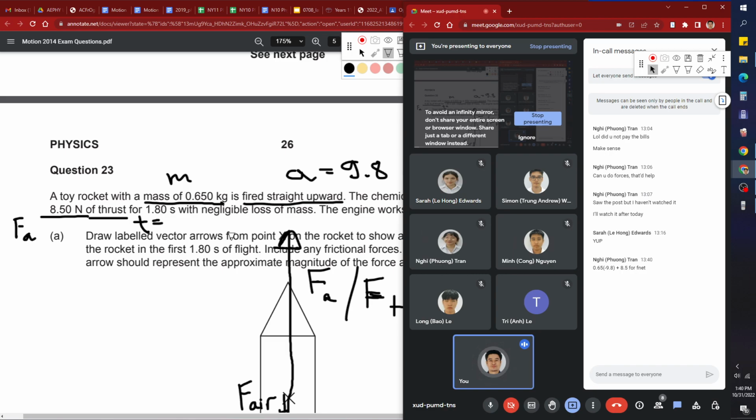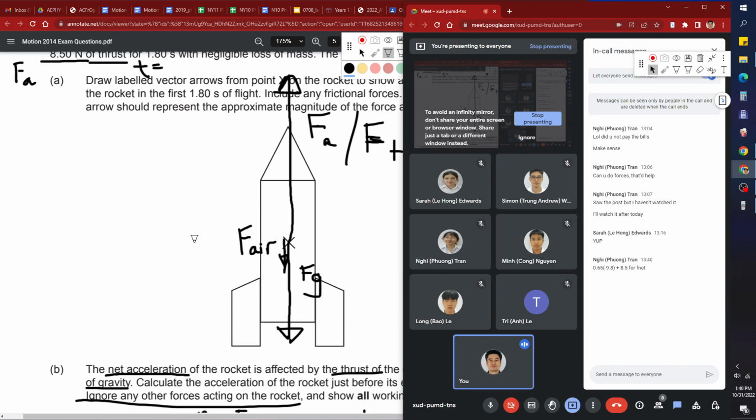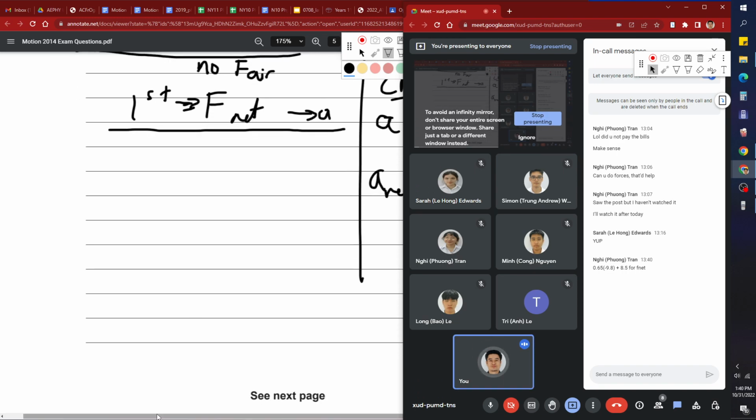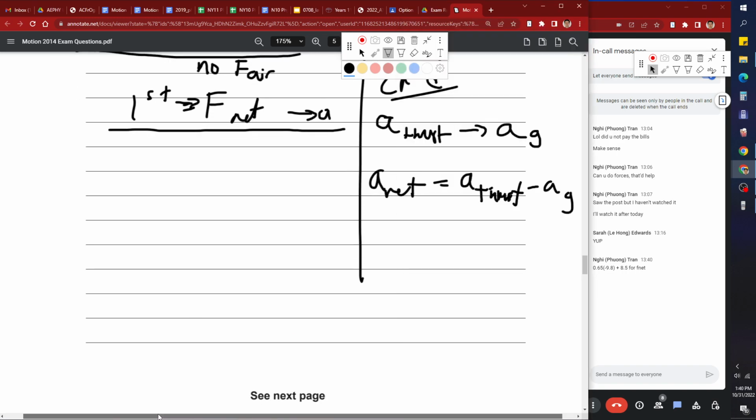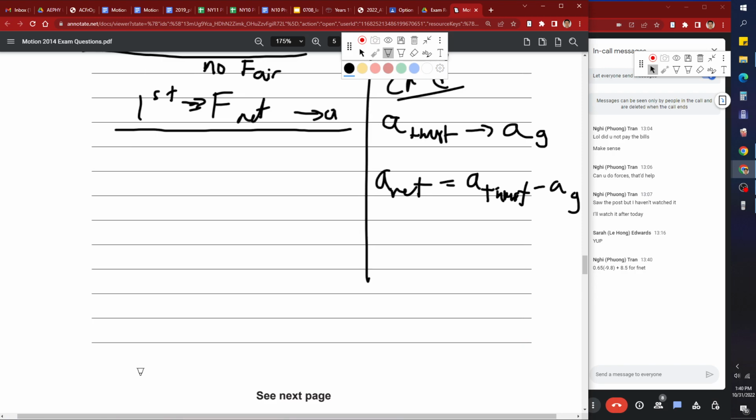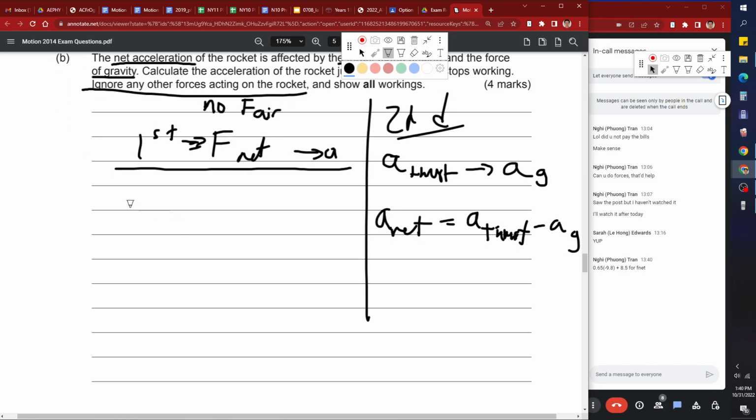Okay, so you think that for this, you just want to find, okay. So she did this. F net is going to be the thrust, right? The applied force minus the weight force, right?